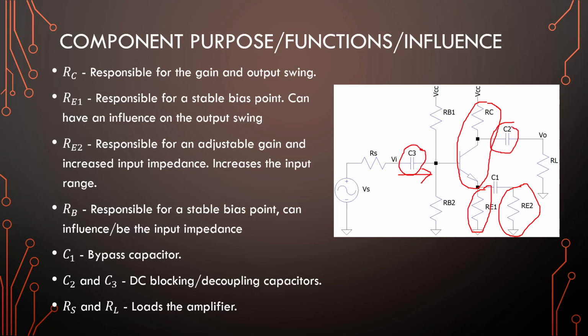These two capacitors are to block any external DC sources from other systems from influencing your amplifier. Later on, they will also be responsible, in a different video, for the high pass effect in your amplifier, or basically your lower cutoff frequency.